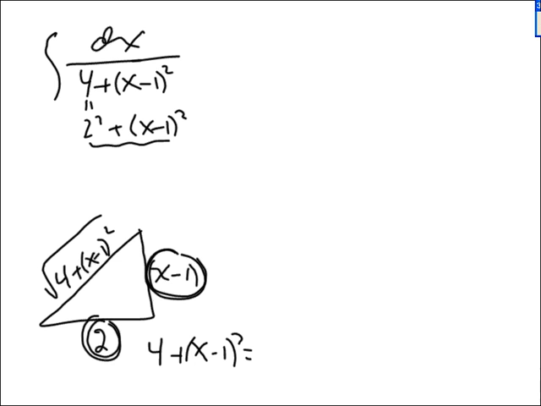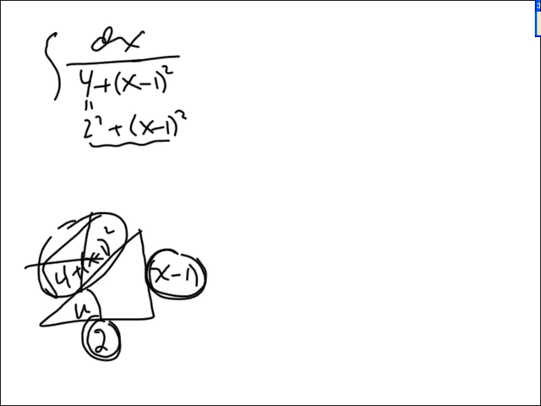And this does equal that squared, which will be 4 plus x minus 1 squared. Okay, call this angle U. Find the simplest sides. The one that has the square root is not simple, and the one that just has a number is simple. So if it's not this one, it's these two. Those are simple.